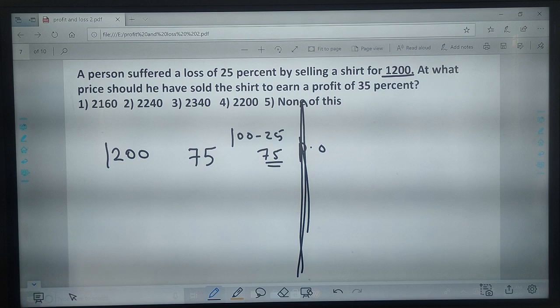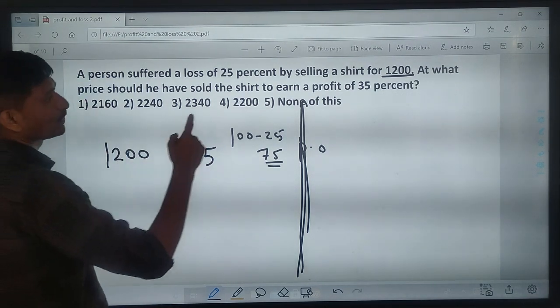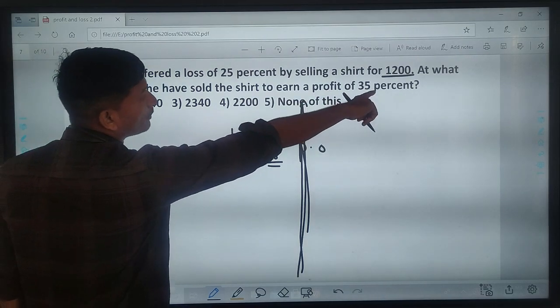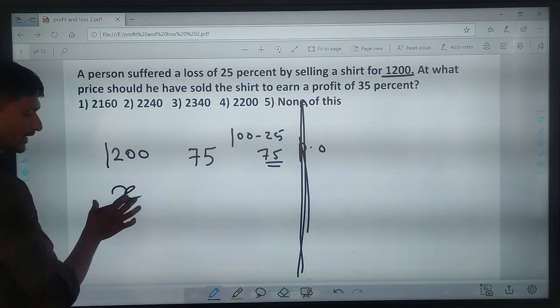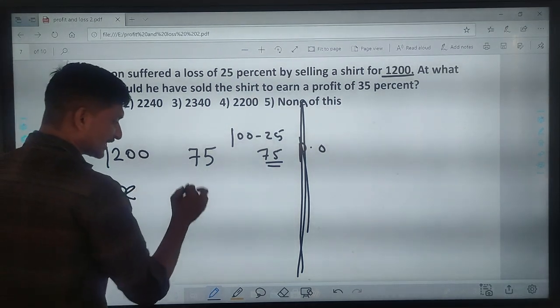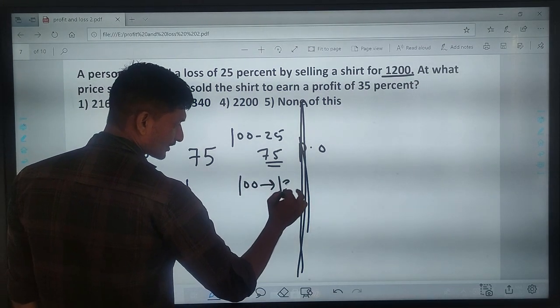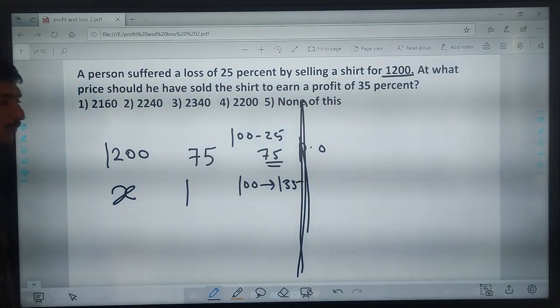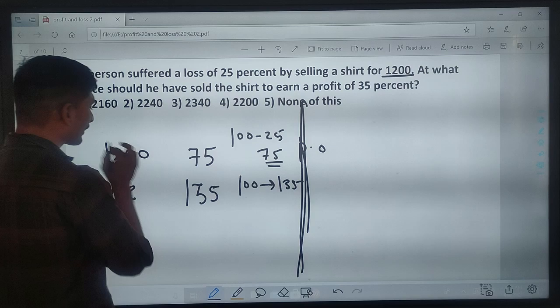Now, at what price should the shirt be sold so that the profit is 35%? Now if the selling price of the shirt is X, and the profit is 35%, here we write 35% means 100 becomes 135.